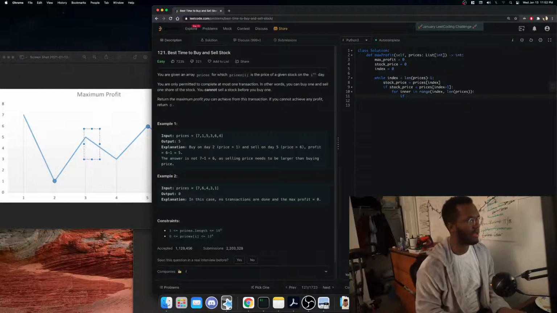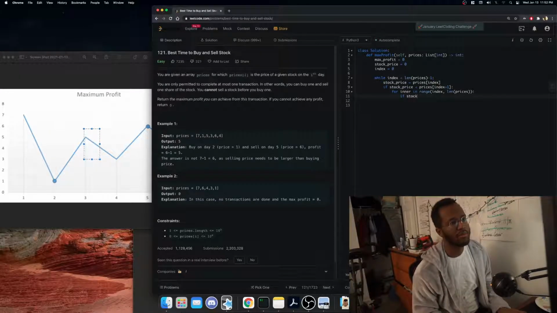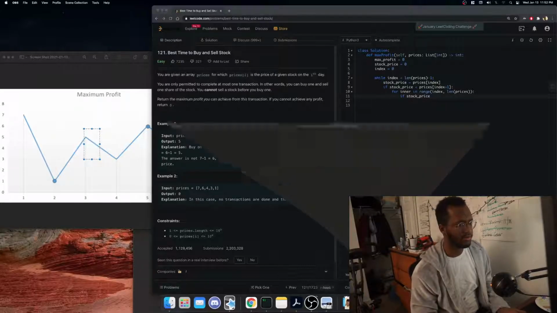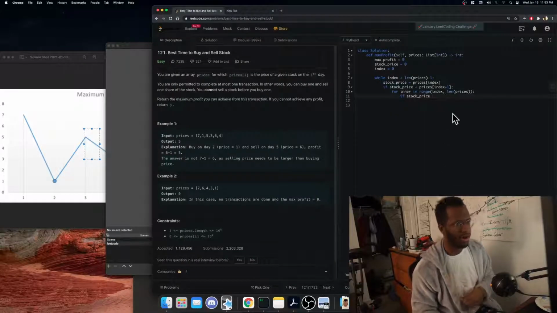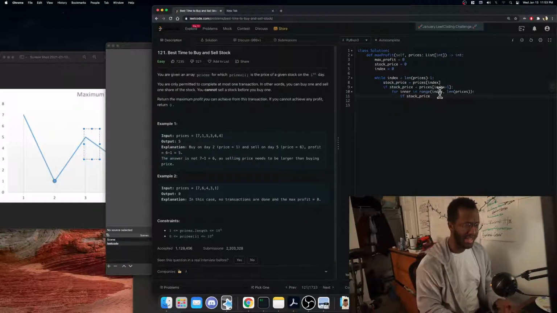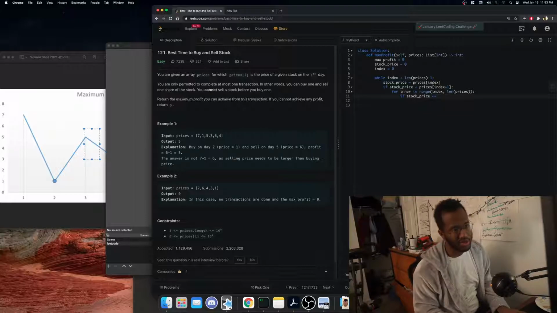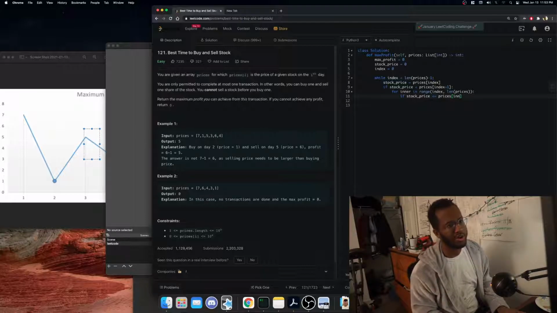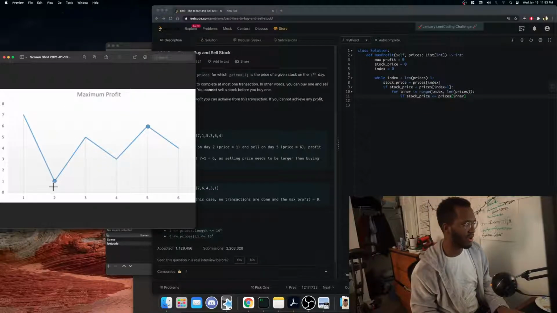So if stock price is less than or equal to prices sub inner, so we know that we bought our stock price here.